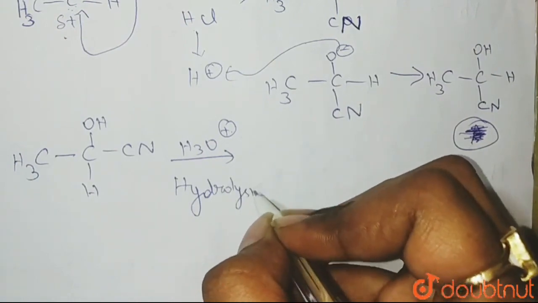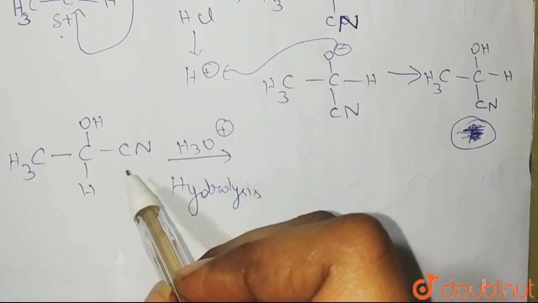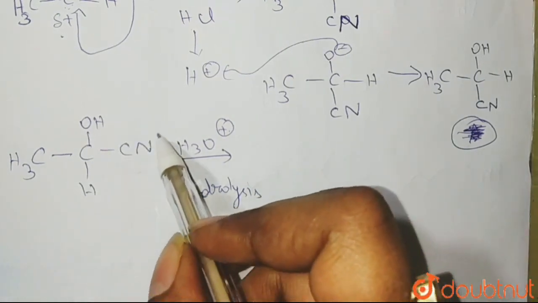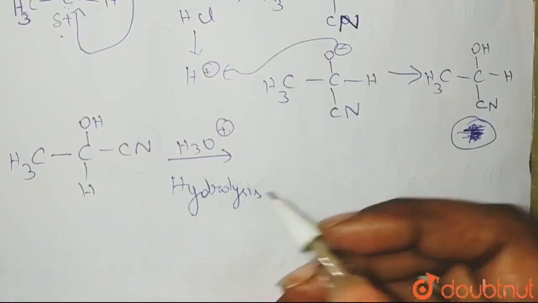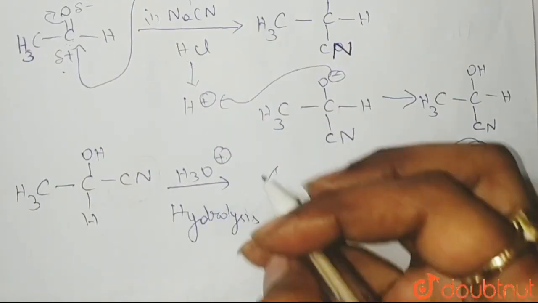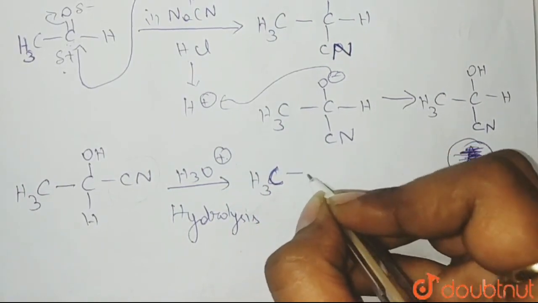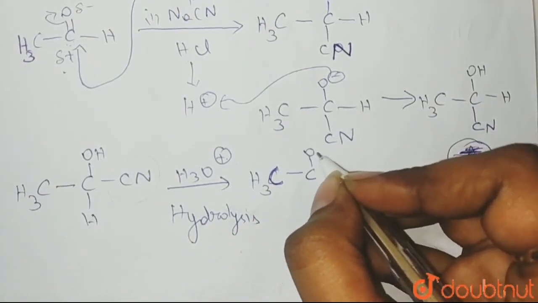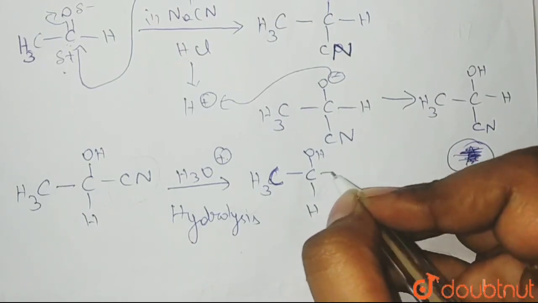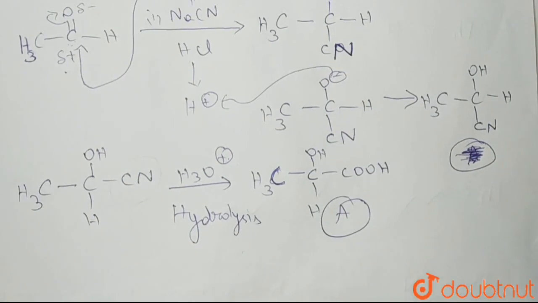Whenever we do the hydrolysis of the cyanide group CN, it gets converted into acid. So we will get CH3CHOH, H and COOH. So this is your product A.